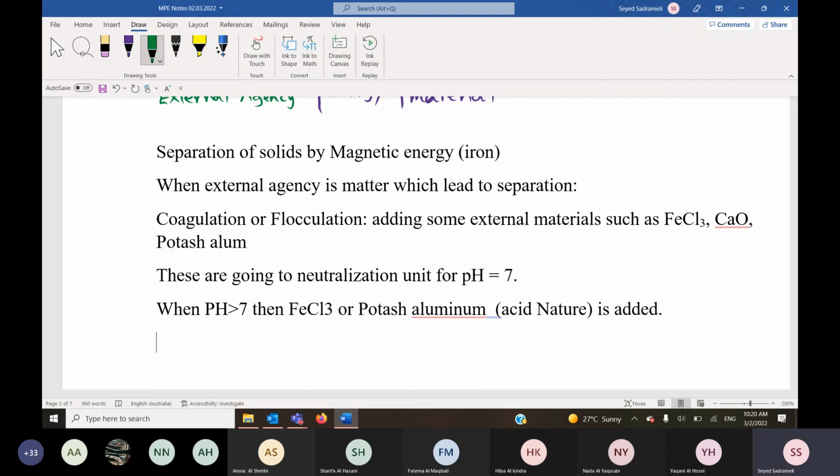For pH less than 7, CaO, calcium oxide, is added to bring pH to 7. And this is normally used for textile effluents.